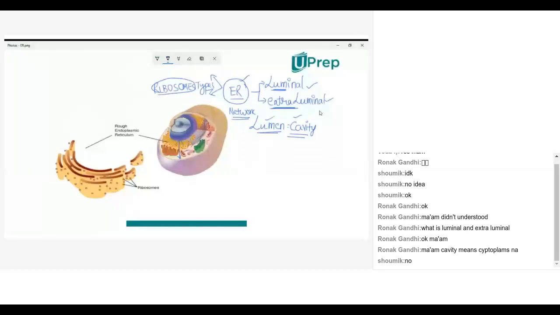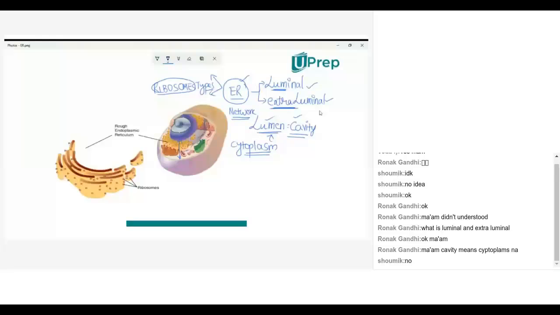Some part of the cytoplasm will be inside this network. The cytoplasm inside this network will make the luminal side of the cell. The cytoplasm which is filling the other part of the cell will make the extraluminal side of the cell. Still any doubt with the terminology?